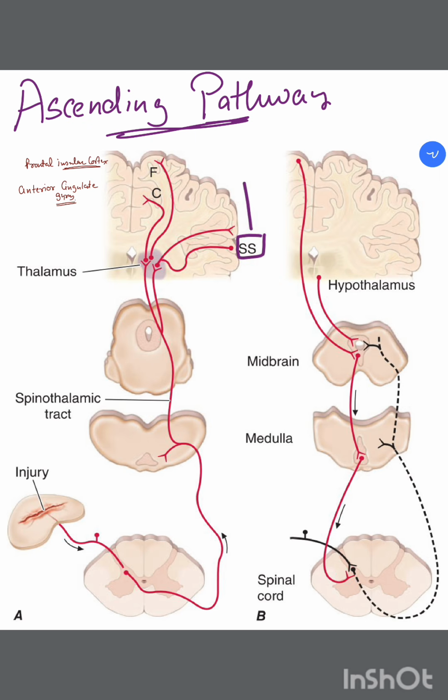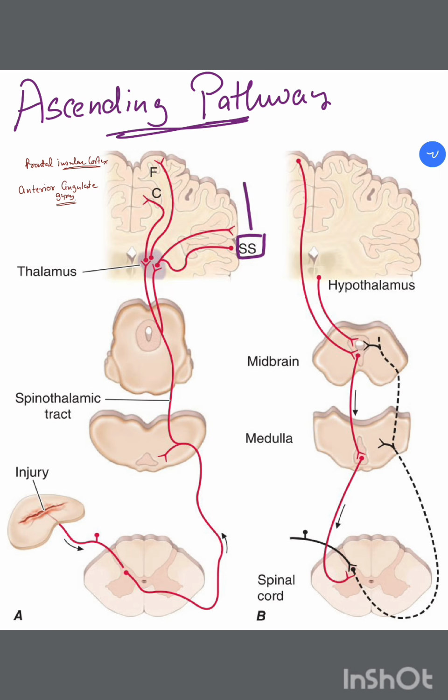So, basically, identifying, localizing, and how much the pain is in intensity is known by the somatosensory cortex. But also, you may have known that there is duality in pain, meaning pain has a sensory component plus an emotional component.